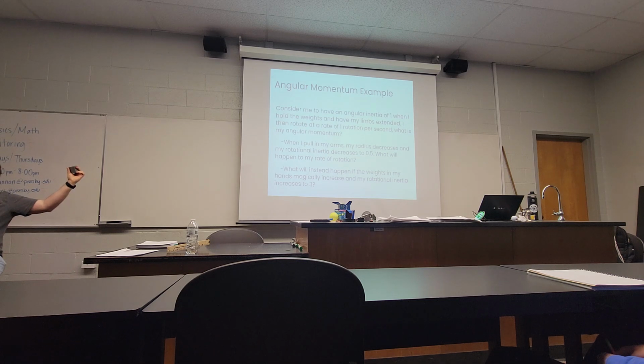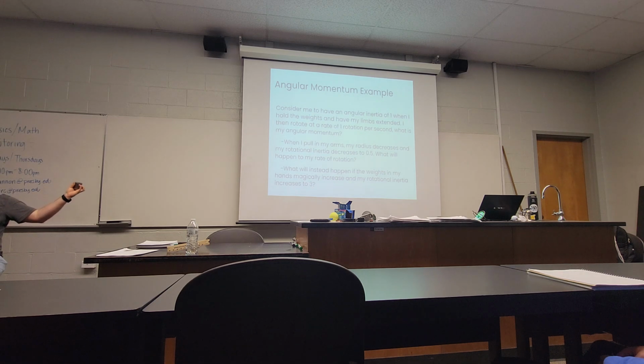Now very quickly, just to test the inverse, let's say that somehow, magically, instead of pulling my limbs in, the weights I'm holding just become bigger. Like some wizard somehow defies reality and turns these from 1 kilogram apiece to like 10 kilograms apiece. That is going to increase my moment of inertia from 1 to 3, because now I have more mass further away from my axis of rotation.